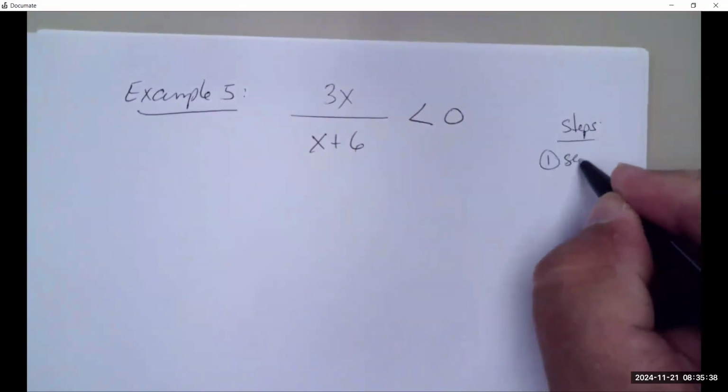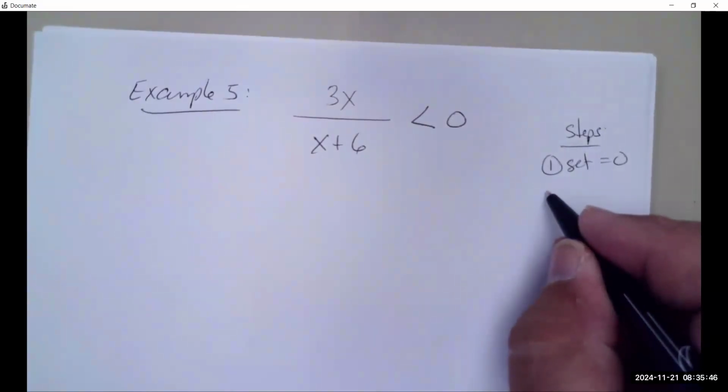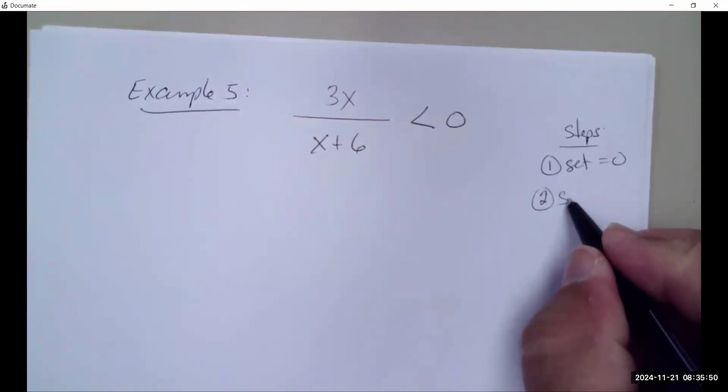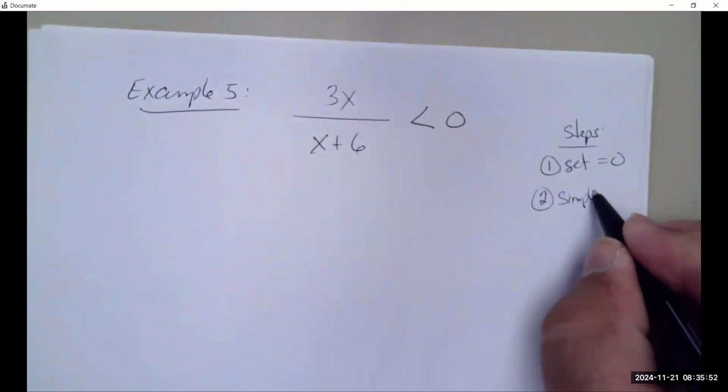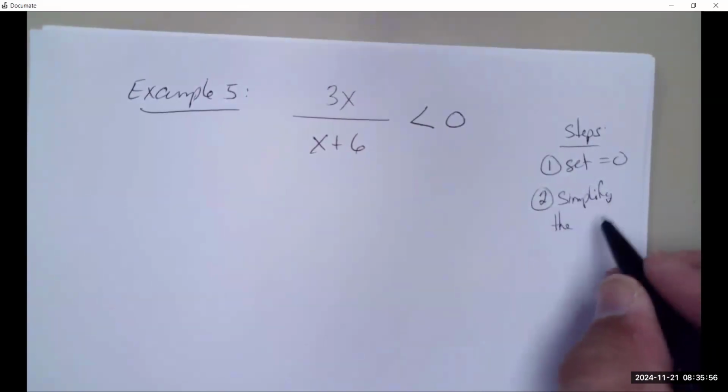First, set it equal to 0. You have to have a 0 on one side. Simplify the other side.